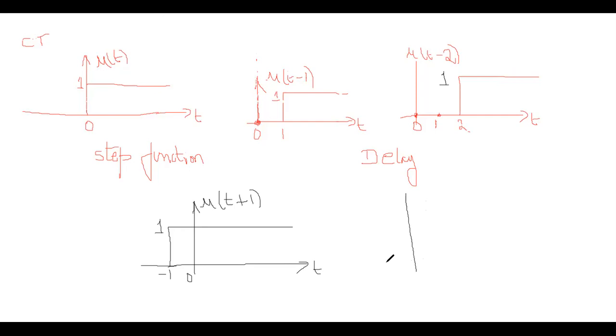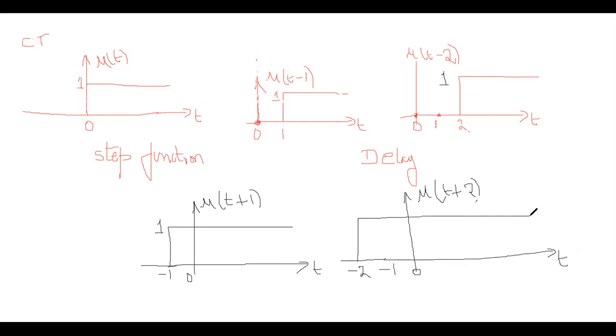And if I take another advanced signal, mu of t plus 2, now you can see at t equal to 0 the value is not 0, sorry, and at minus 1 as well, and it starts from minus 2. Here also the magnitude is 1. That is mu of t plus 2.